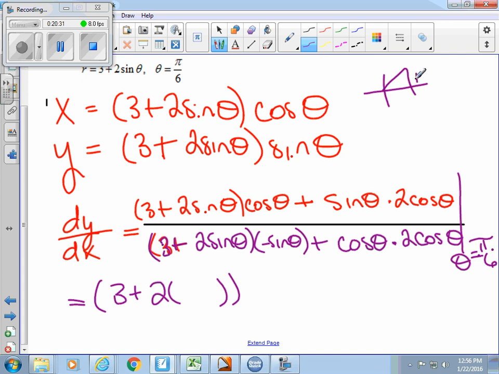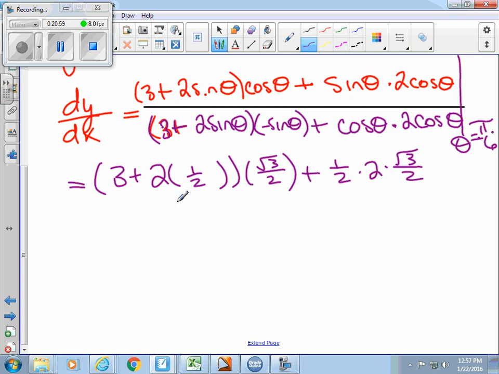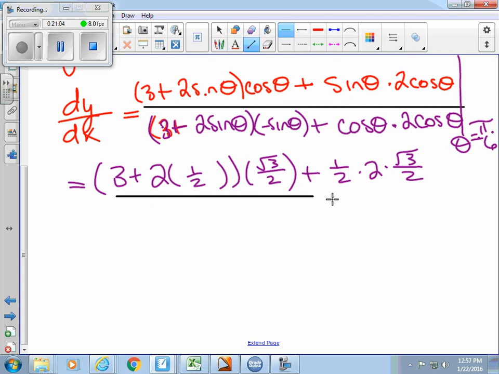Pi over 6 is a 30-degree angle. I know you probably all know this without drawing the picture, but just in case. So sine of that 30-degree angle is a half. Cosine of that angle is radical 3 over 2. Figure it's good for you to occasionally see me do a unit circle problem.